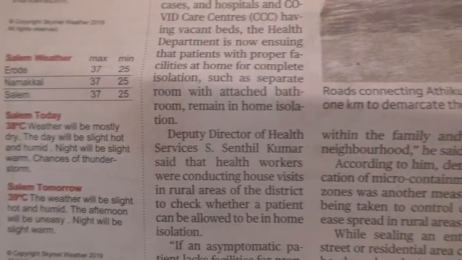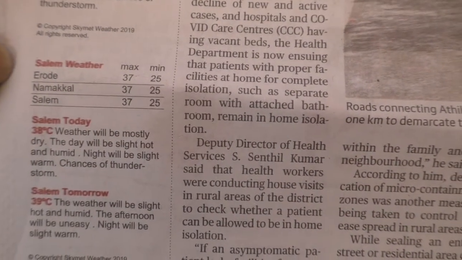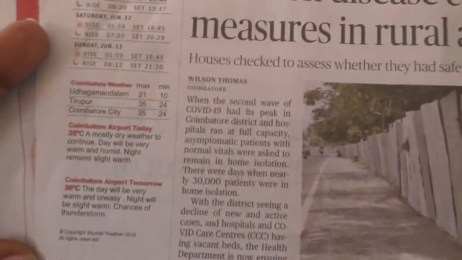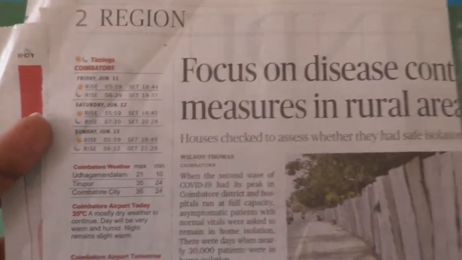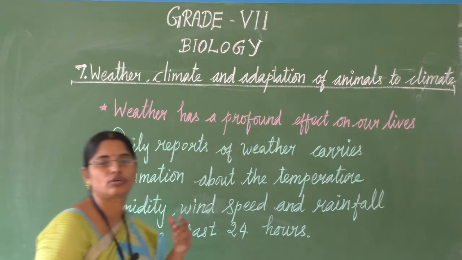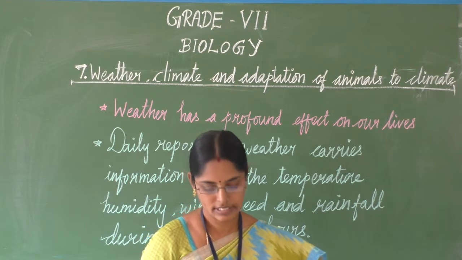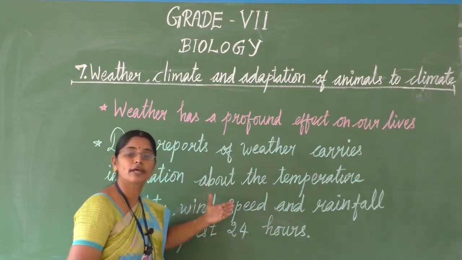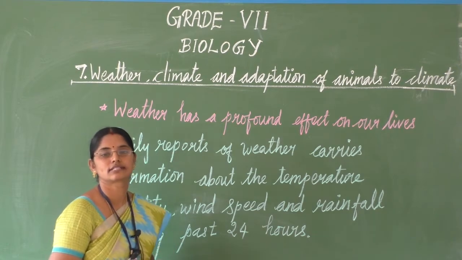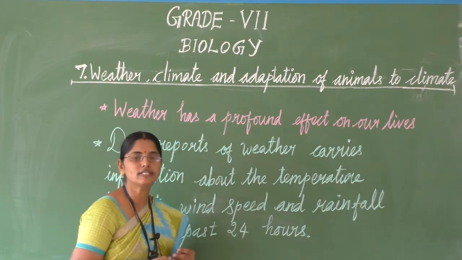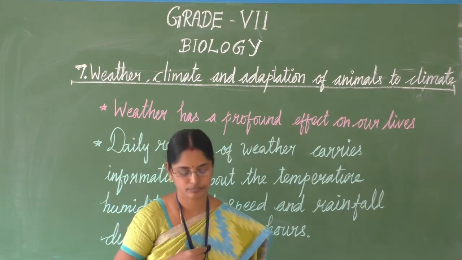The humidity report also they have given. This is how we receive the weather report on television or through any kind of communication, isn't it? So how is it possible for them to give a report like this? Who will work on this? All those things we are going to see now.